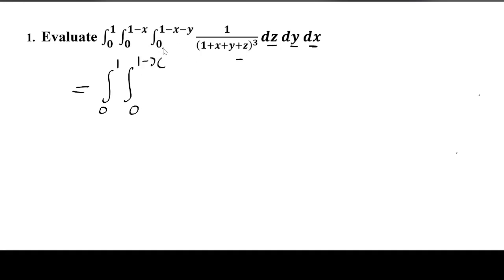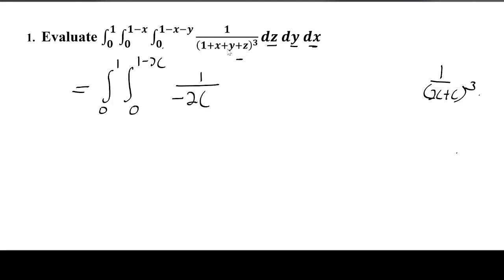For the inner one I'm integrating, this is of the form 1 by (x plus c) whole cube. If I integrate, I'll get 1 by minus 2 into (x plus c) whole square.